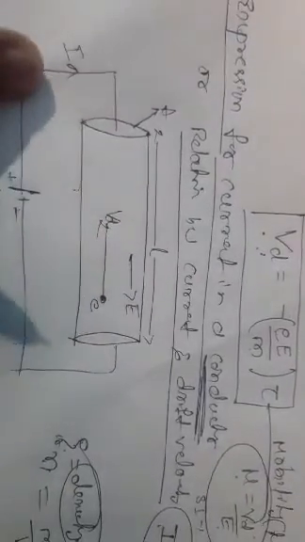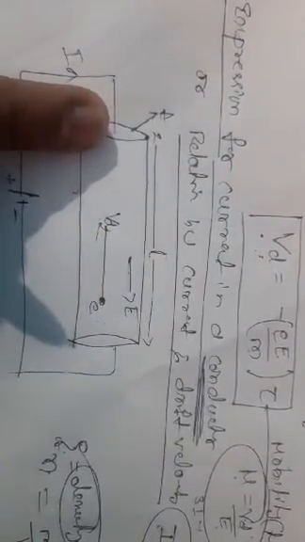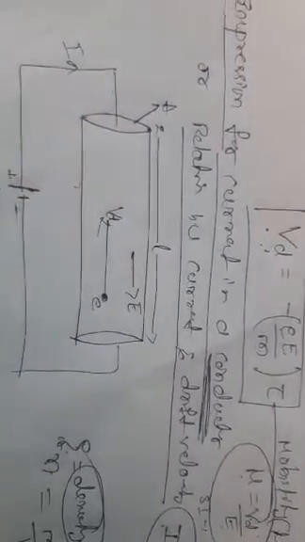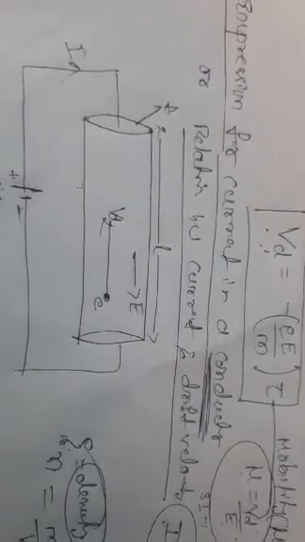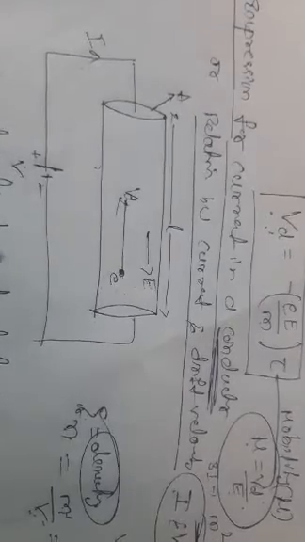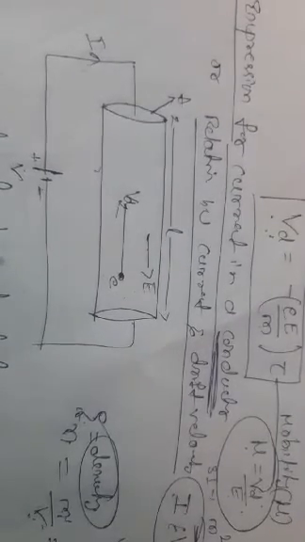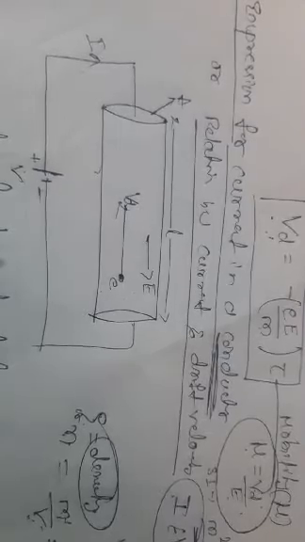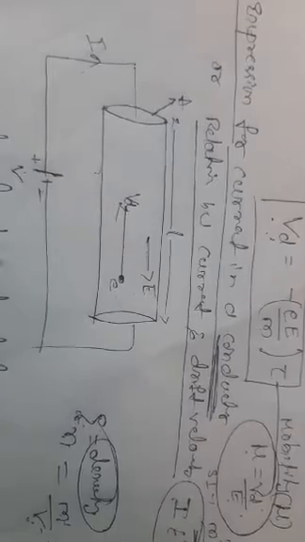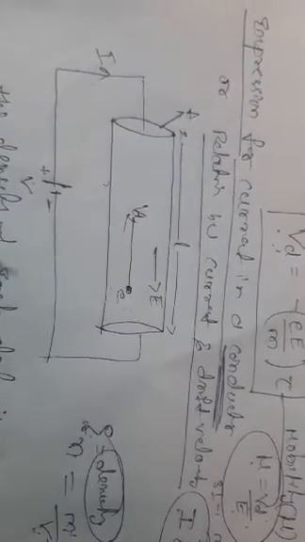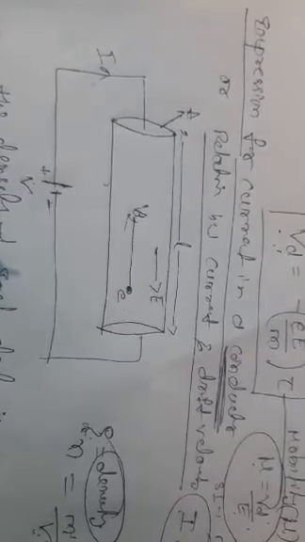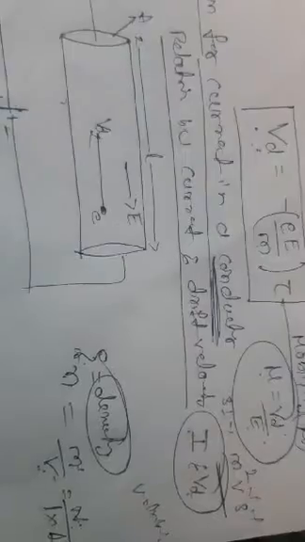The current flowing through the conductor is directly proportional to the potential difference across the two ends of the conductor, provided all physical quantities, that means temperature, pressure, volume and others, are constant. That is the statement of Ohm's law.